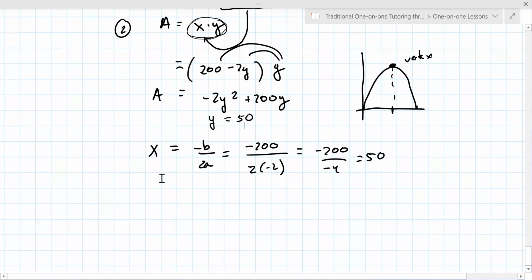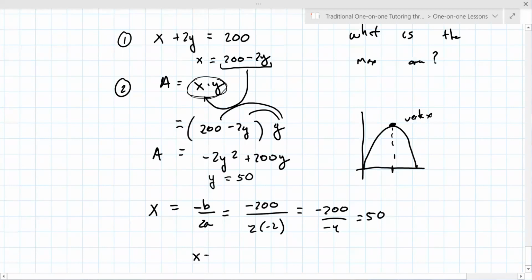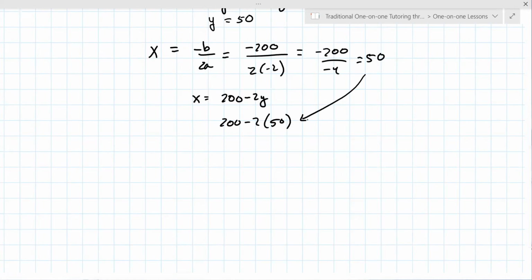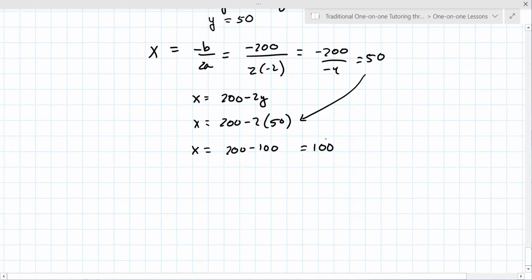Okay. Now what is x? X is 200 minus 2y. What's the y value? It's 50. So x equals 200 minus 100, which equals 100.